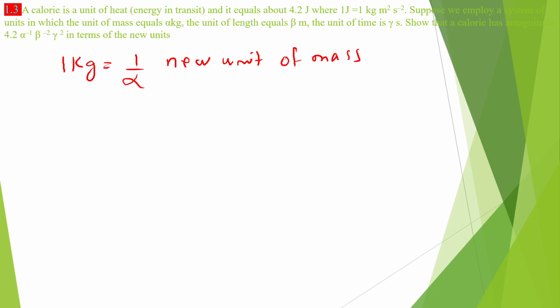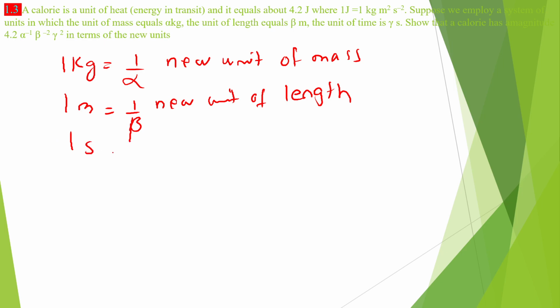And 1 meter, the unit of length is beta meter, so 1 meter is equal to 1 by beta new unit of length. And 1 second, the unit of time is gamma second, so 1 second is equal to 1 by gamma new unit of time.